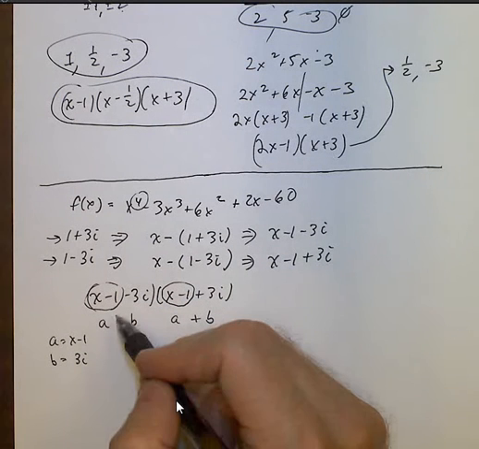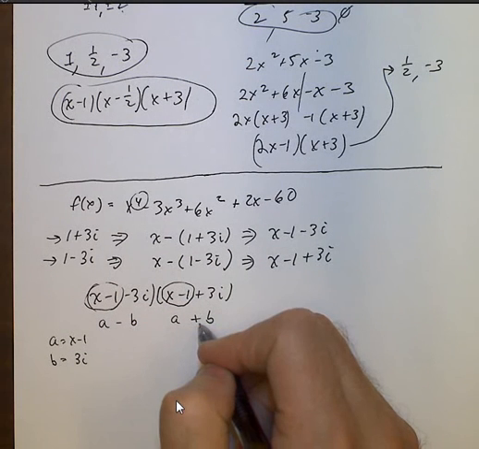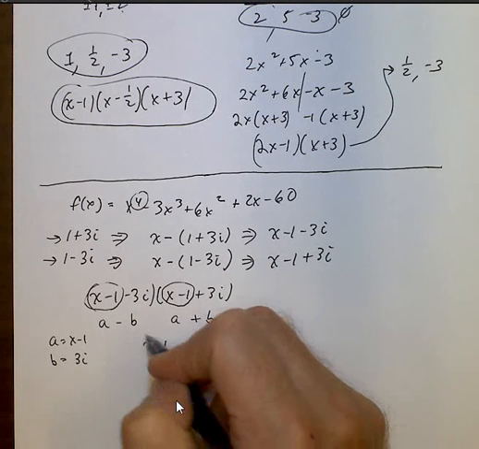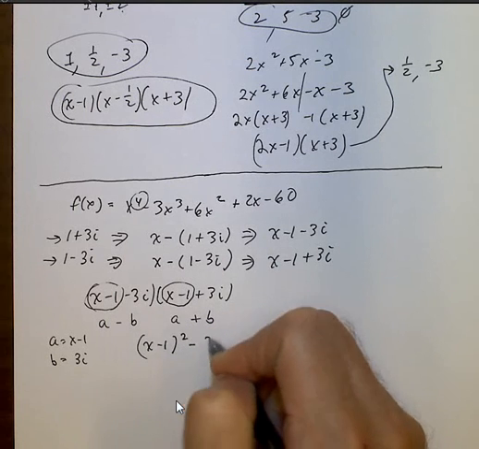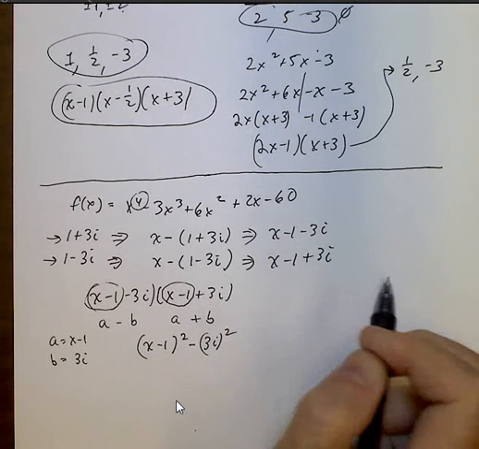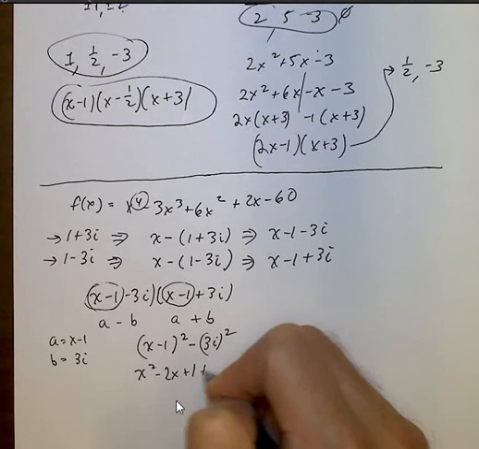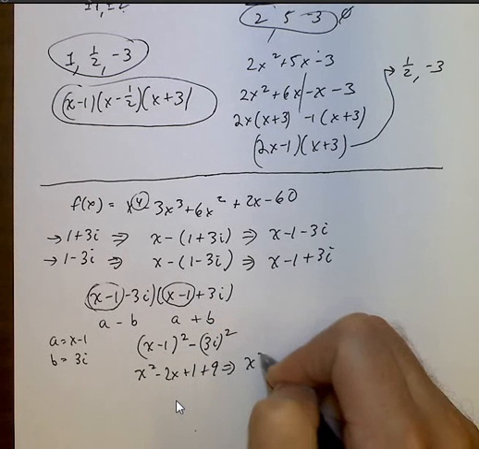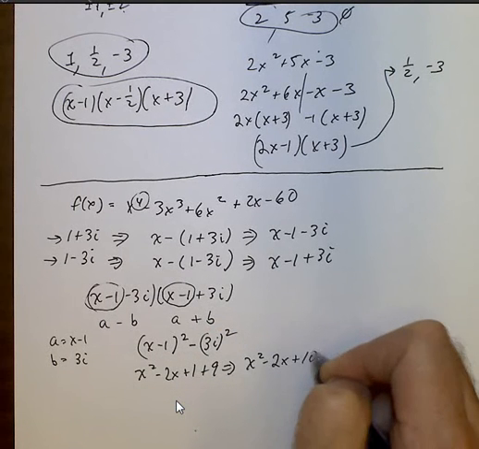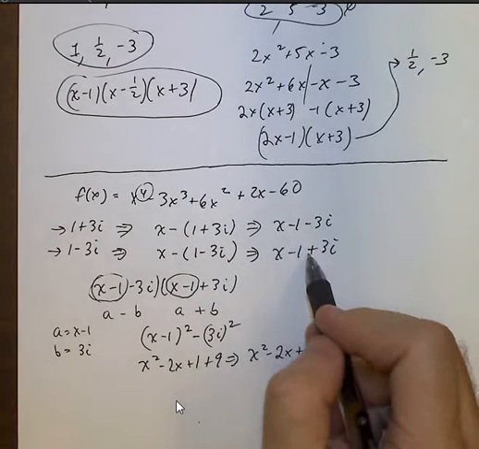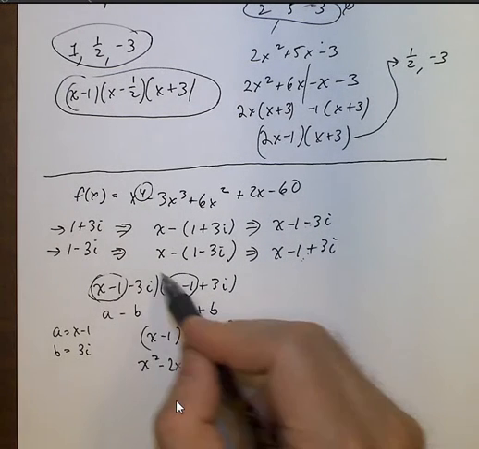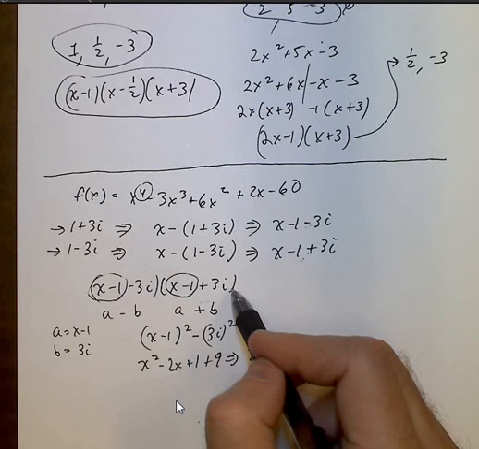And we know that a minus b times a plus b is a squared minus b squared. So I'll do a squared minus b squared. I'll FOIL that out. And I get x squared minus 2x plus 10. So the multiplication of these two factors, this times this, yields this.